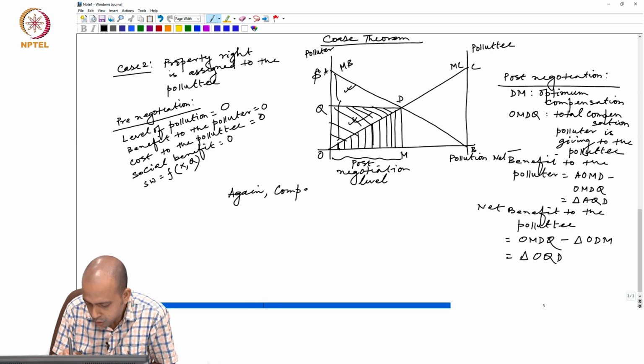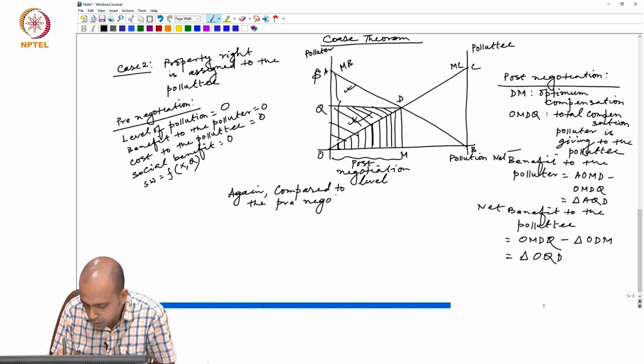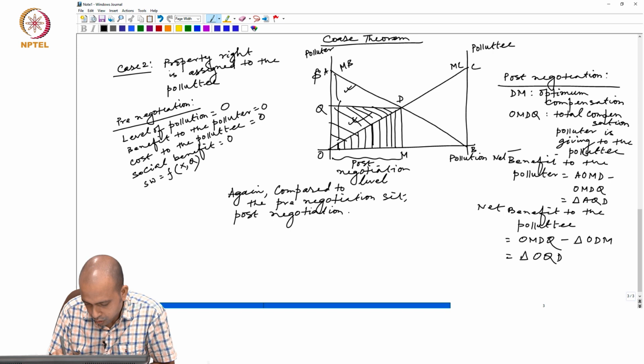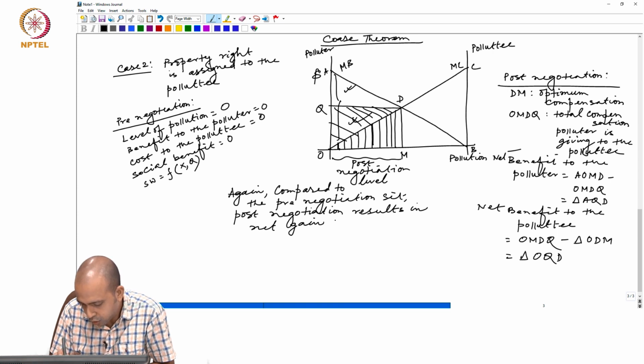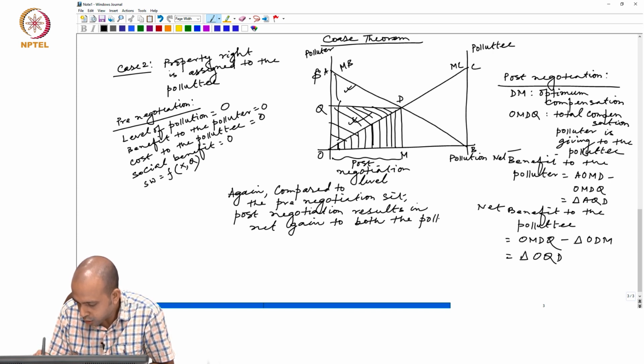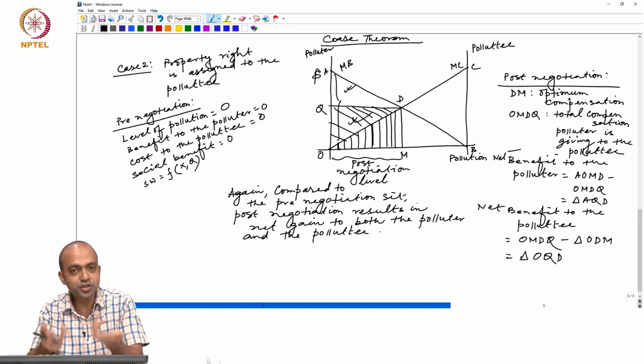Compared to the pre-negotiation situation, post negotiation results in net benefit or net gain to both the polluter and the pollutee. Pre-negotiation, both were having zero benefit.